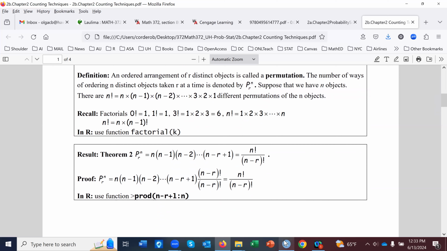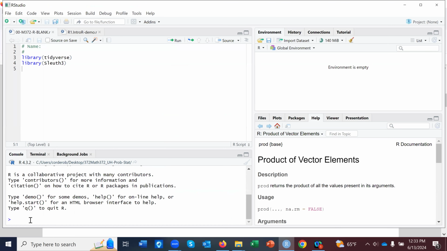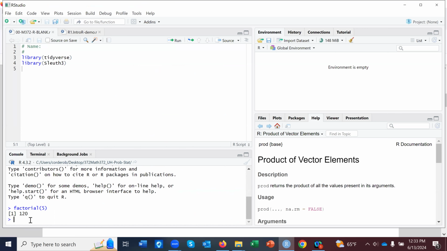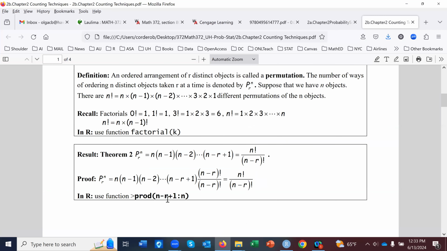So as you can see here, if I put in R factorial of 5, I get 120. Okay? So this is now for the number of permutations.